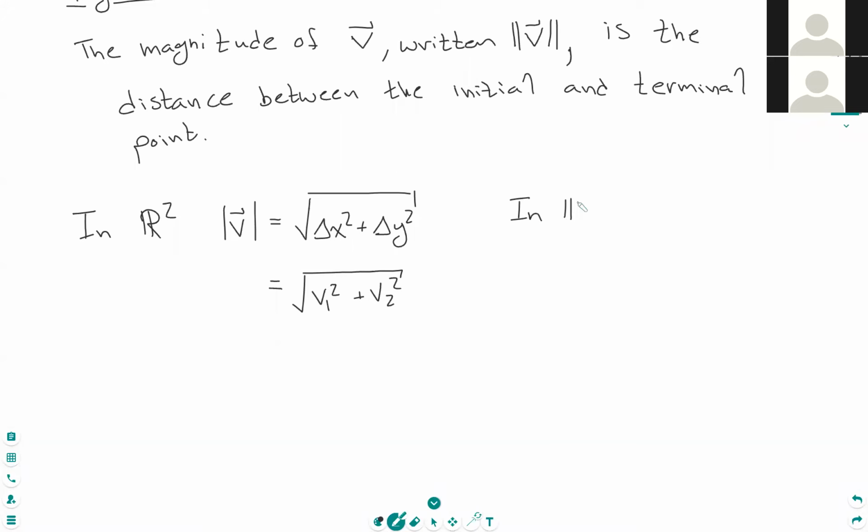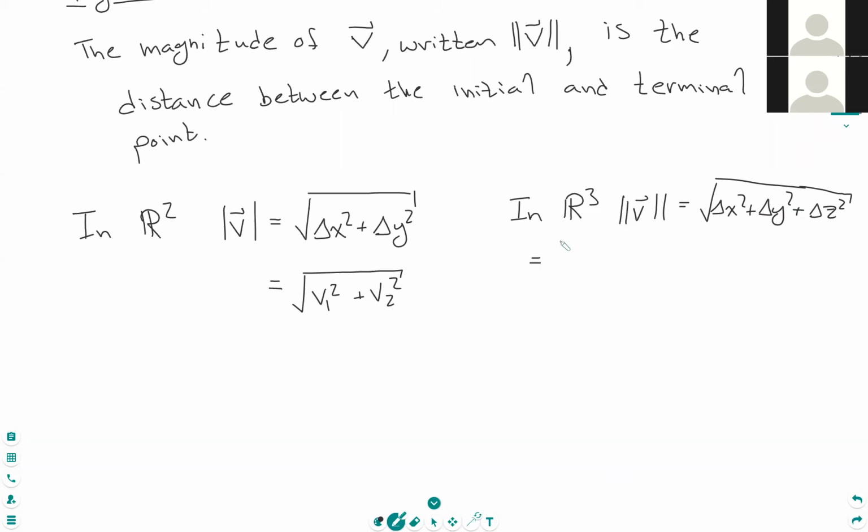In R3, this is the square root of the change in x squared plus the change in y squared plus the change in z squared.